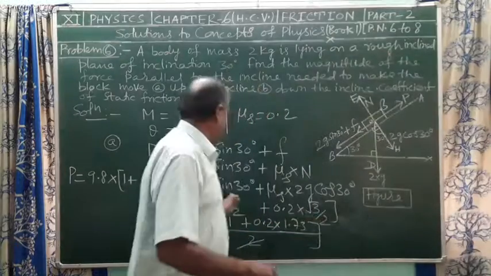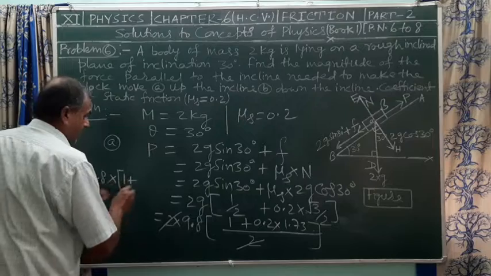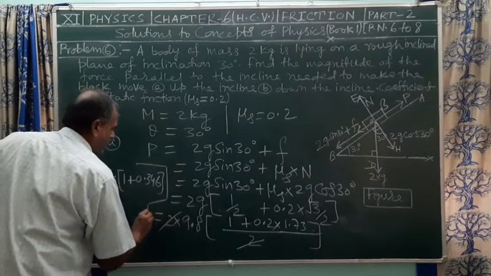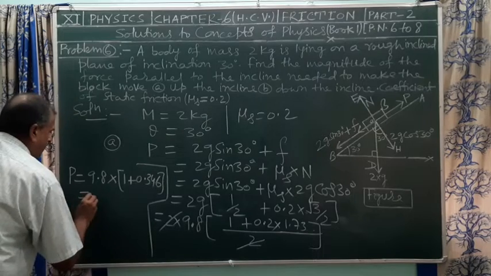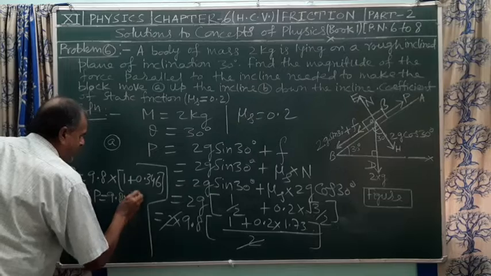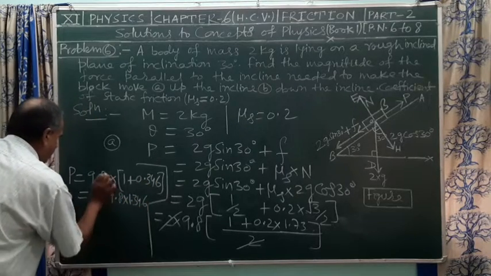So P is equal to 9.8 multiplied by under bracket 1 plus 0.346, or P equals 9.8 multiplied by 1.346.